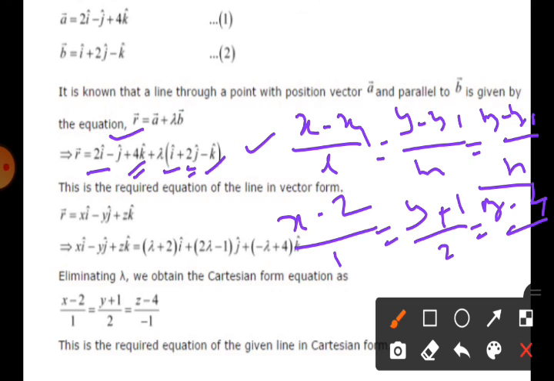So x minus 2 by 1 is equal to y plus 1 by 2 is equal to z minus 4 by minus 1, which is the Cartesian equation form.